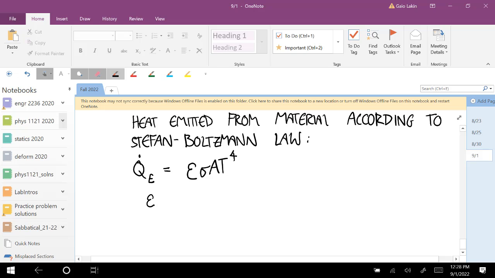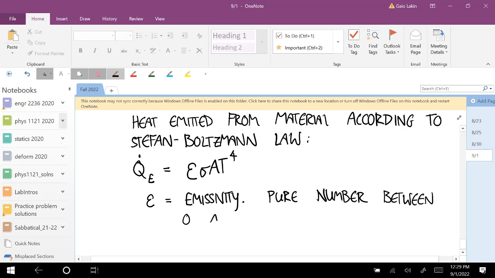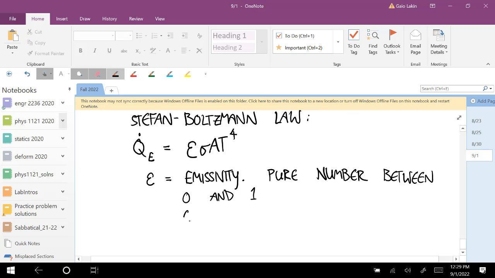And the meanings of these things, epsilon is called the emissivity. That has to do with the surface of the material. It's a pure number between 0 and 1. Zero is shiny white.